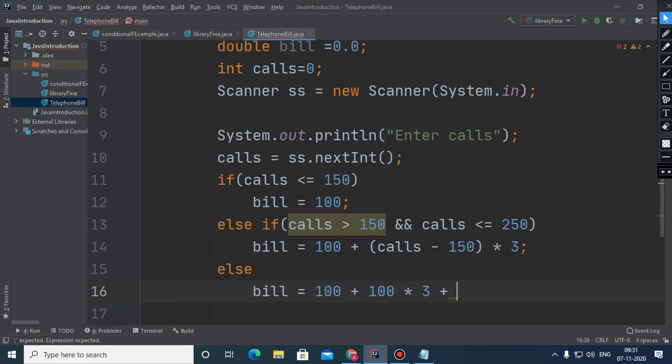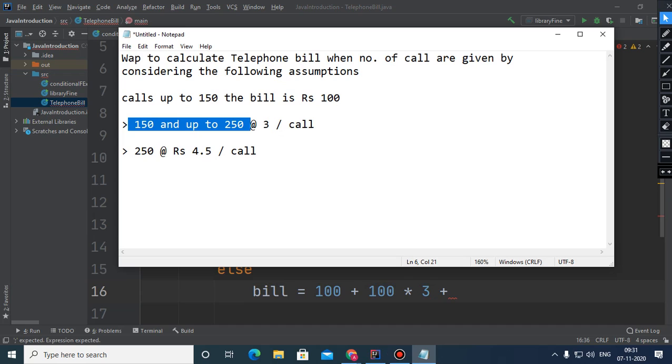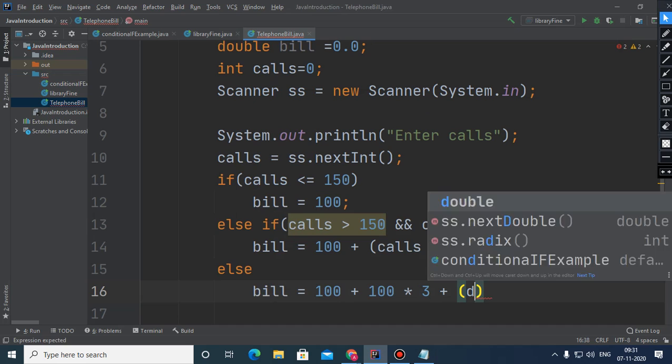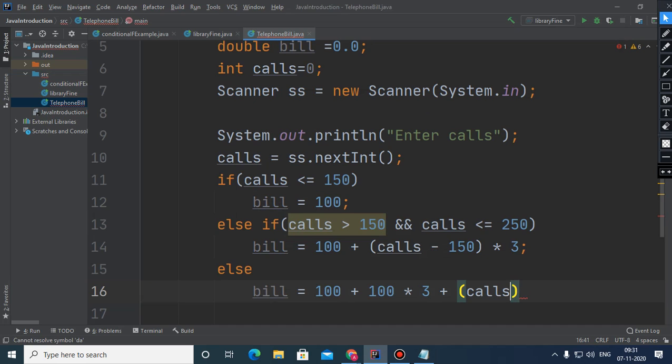From where this 100 has come? Actually, this is 150 to 250. So the rate is 3. So that's why we got the difference. And after that, what to do is calls minus 250 into that rate, which is 4.5.